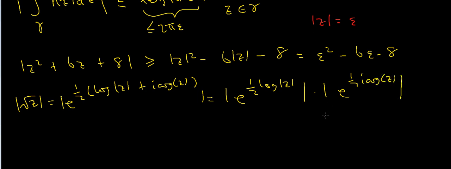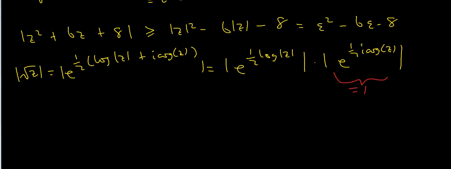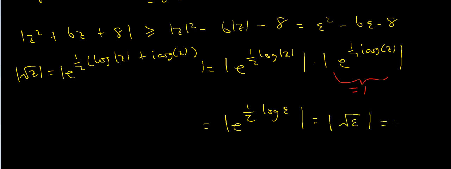As previously discussed, this term is equal to 1, because the absolute value of e to the it is 1 for any real value of t, and half arg z is certainly a real value. And what about this term? For this term, I'm going to have mod of e to the 1/2 log epsilon, because mod z equals epsilon. But e to the 1/2 log epsilon is just the modulus of the square root of epsilon, and that's just the square root of epsilon, because epsilon is some positive real number and its square root will obviously be positive as well.